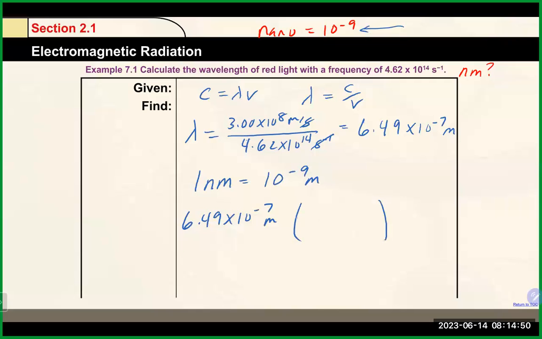We want to get rid of meters, so we put 10 to the minus 9 meters on the bottom, per 1 nanometer. Again, that is basically 1 times 10 to the minus 9, if you want to put it into your calculator that way. We will divide by that, which is going to get us 649 nanometers here.